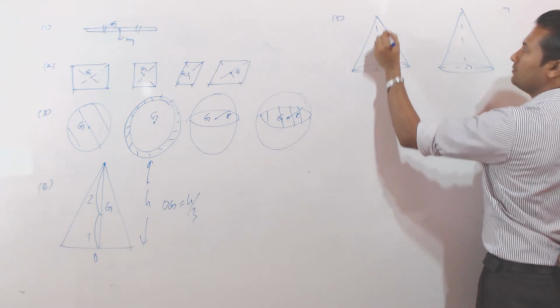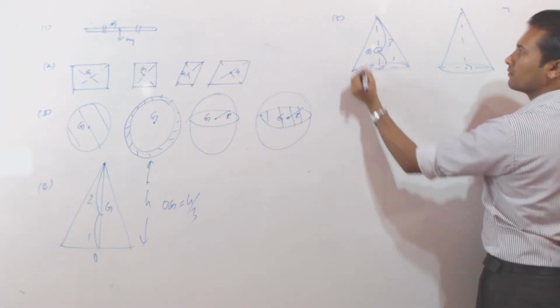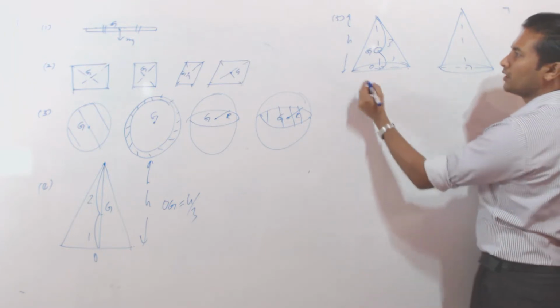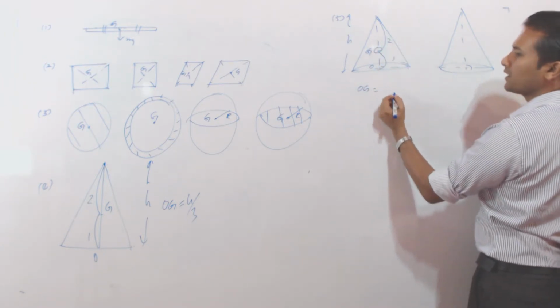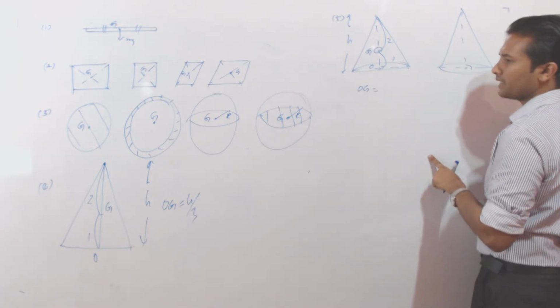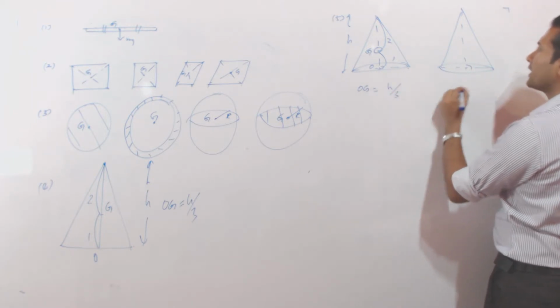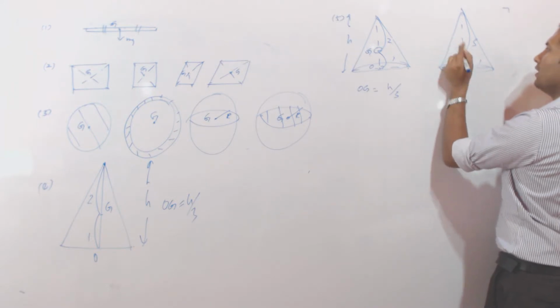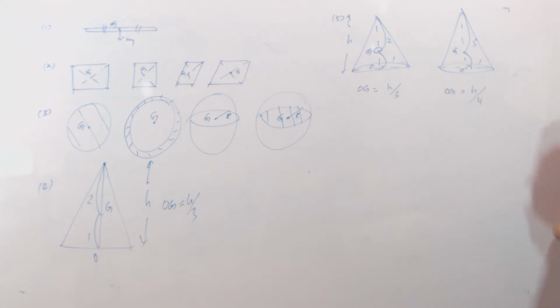Considering the spherical cone, OG should be 2:1, same as the triangular plate. This is h divided by 3, so this is 3:1. This is G, this is O, OG equals h divided by 4. H divided by 4.